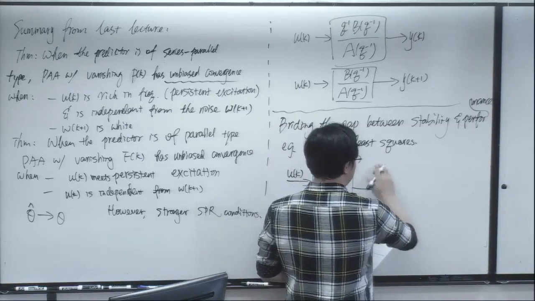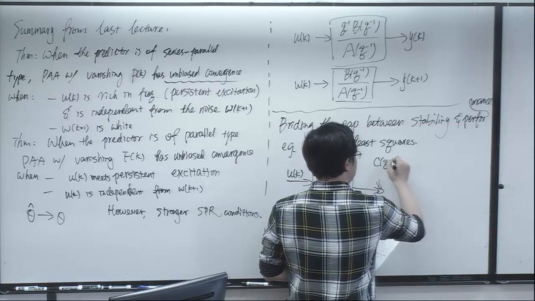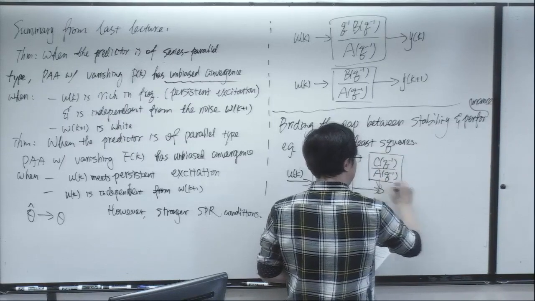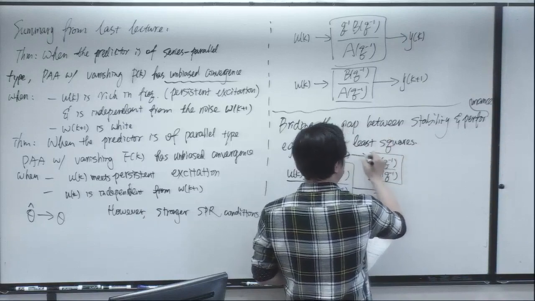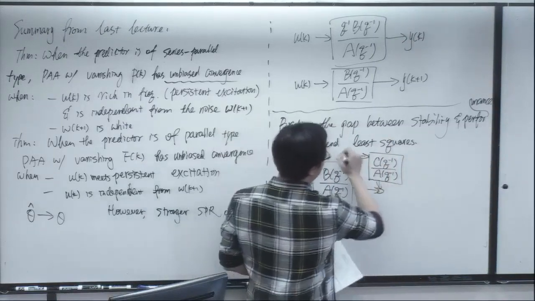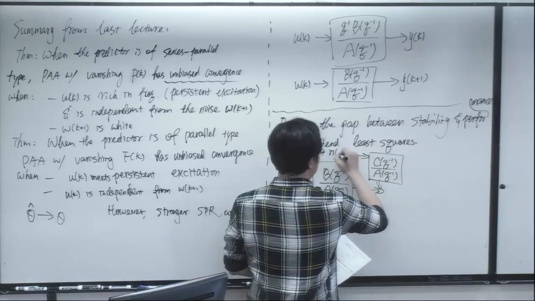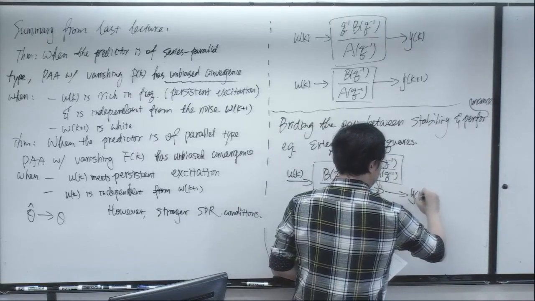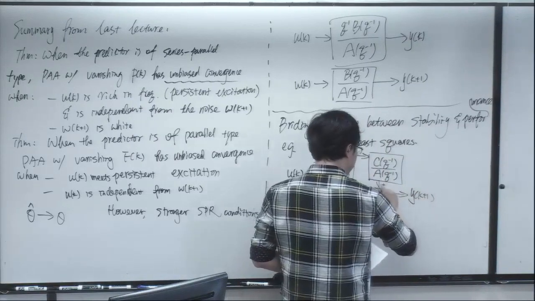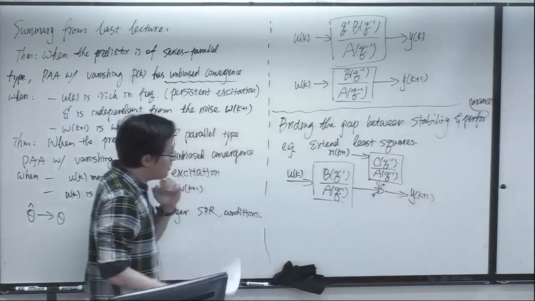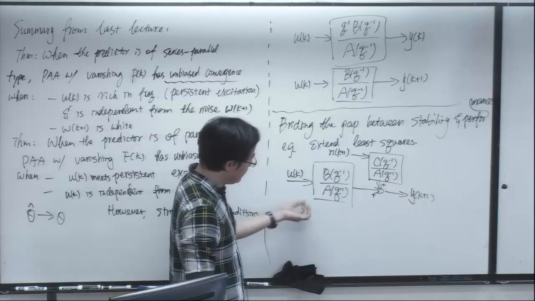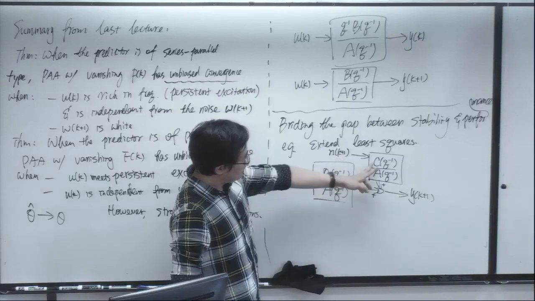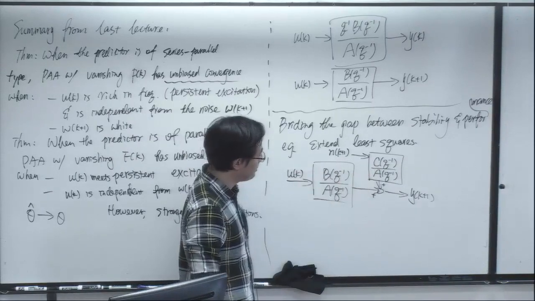The noise has this type of structure: a white noise filtered by some filter, C over A, n k plus 1. And then this is y k plus 1. So suppose we have this type of system structure. This is white. Then it goes through some kind of filter over here.